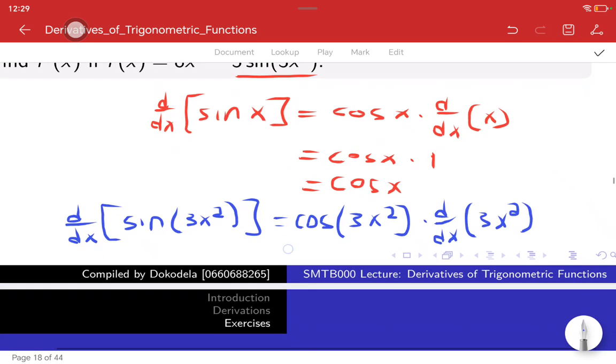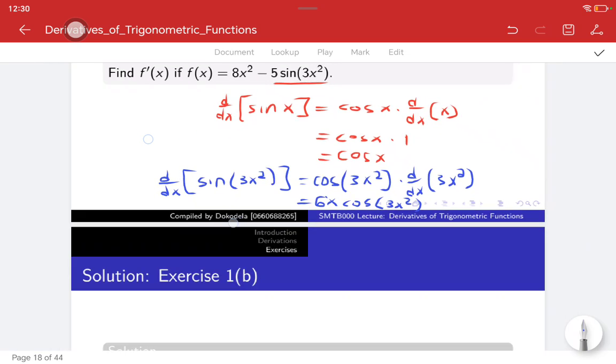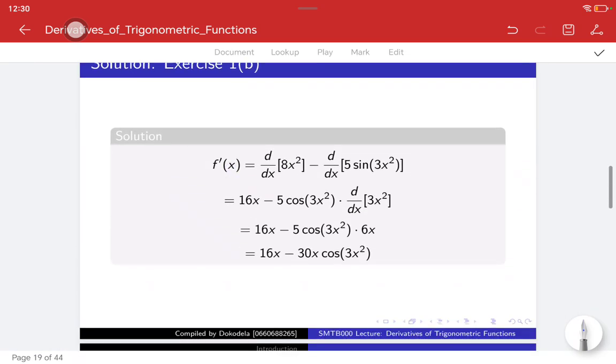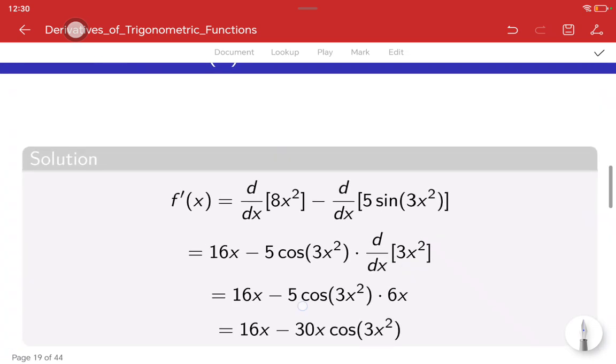And this would give us 6x cos of 3x squared. You see right? So if we check here, that's what we have. We have 6x cos of that. If I was deriving the sine alone, then we times by that constant. So the derivative of this, we are going to apply separately.